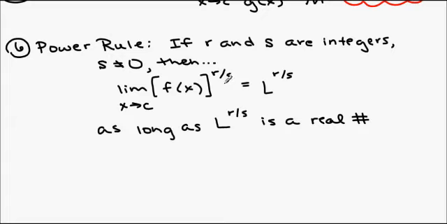And whenever you have something in the denominator, it cannot be equal to 0. So the limit of this is L, which remember was the limit of f of x as x tends to c, to the power of r divided by s. So basically you just take this part here that you already know the limit of, that L, and raise it to this power, so that little extra bit. And this will work as long as L to the r divided by s is a real number.